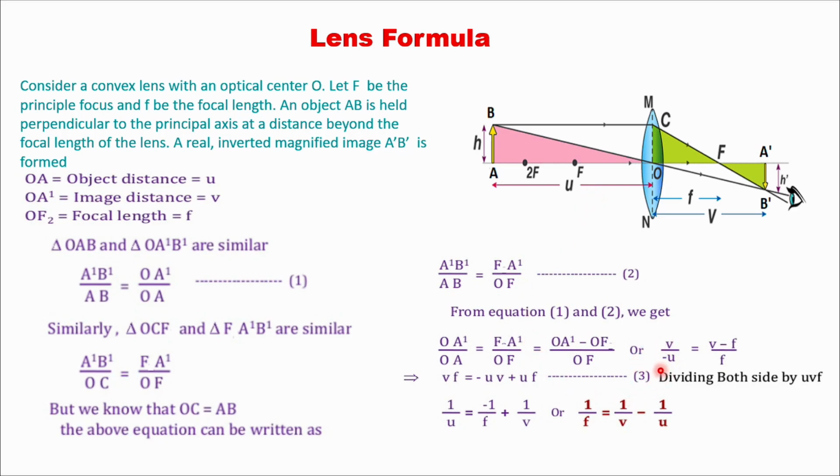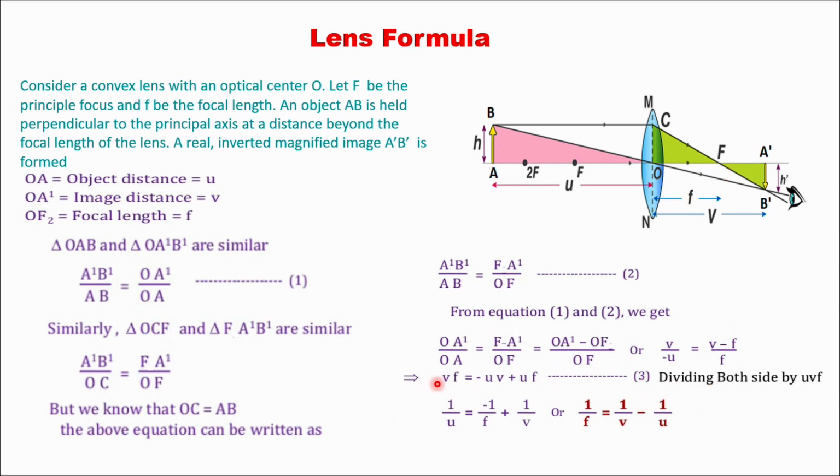Because of the sign convention, any distance measured towards the left is treated as minus. That's why it comes here as minus U. For image distance, it is taken from the lens towards the right. That's why it is positive. So here, what is OA dash? V minus f. Small f means focal length, OF.